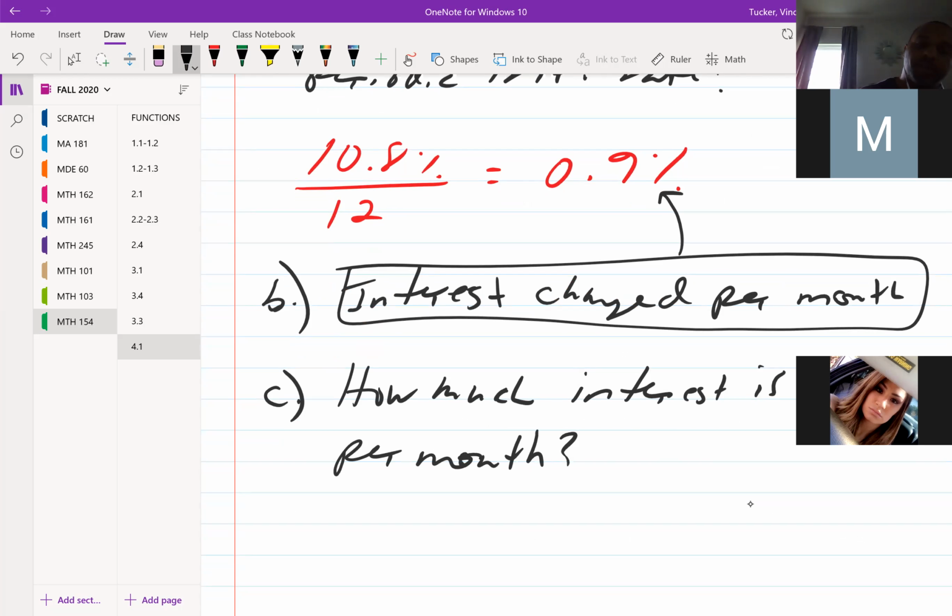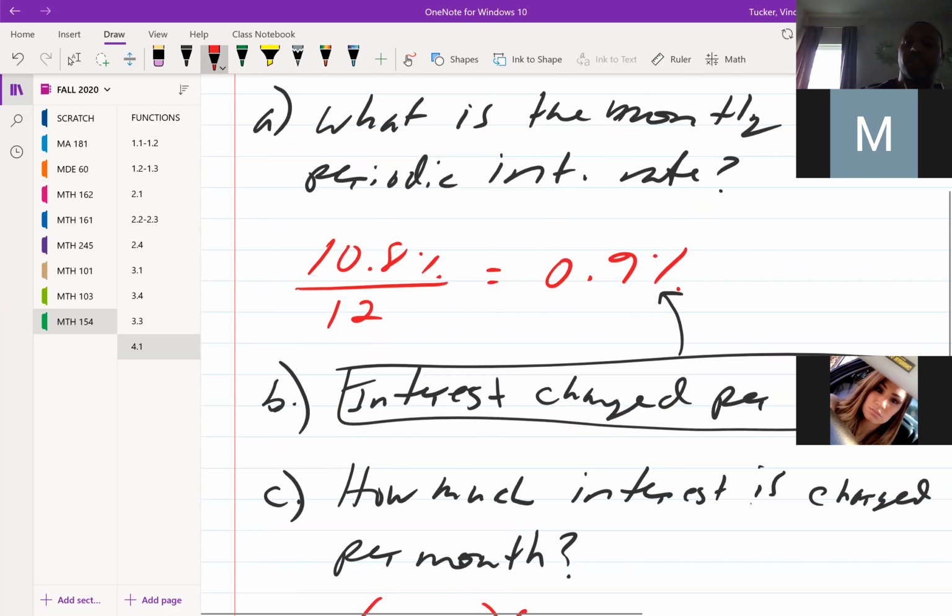So C says, how much interest is charged per month? So what you do is take that 0.9% and multiply it times the 14,500.